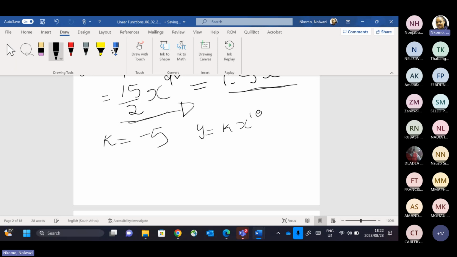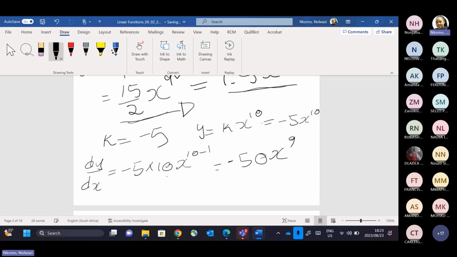So if our k is equal to minus 5, this means our function is minus 5x to the power 10, right? So this means our dy over dx would be equal to minus 5 times 10 x to the power 10 minus 1. And this will give us minus 50 x to the power 9. So it doesn't matter the sign of our constant, we will always apply the same rule.